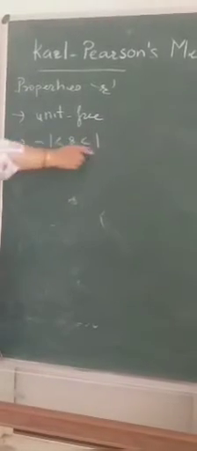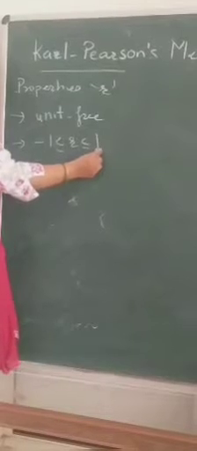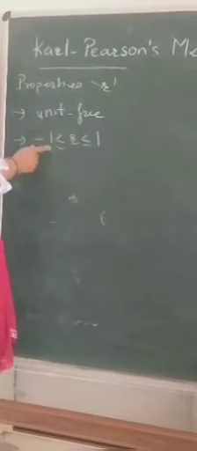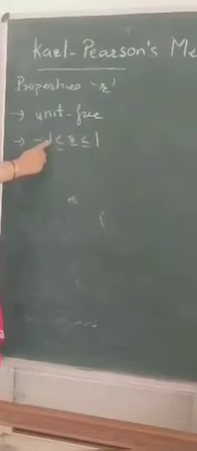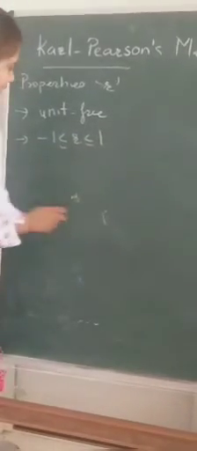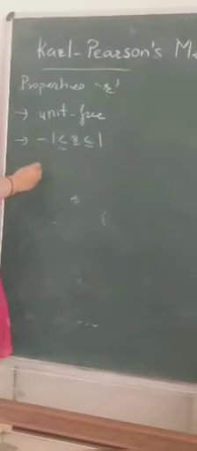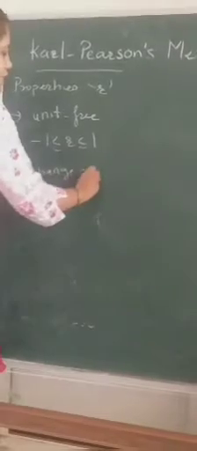This is the range of r. And if r is at the extremes, that is r is equal to 1 or r is equal to -1, then it is a perfect positive correlation for 1 and a perfect negative correlation for -1. Another point is the change of origin and change of scale.